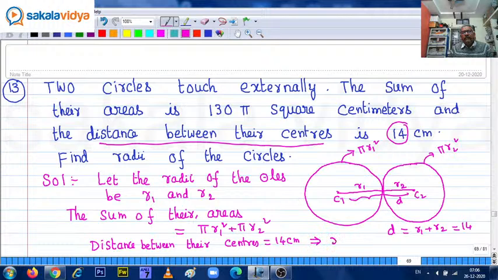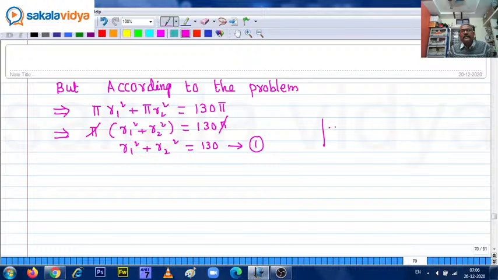That implies R1 plus R2 equals 14 centimeters. Since R1 plus R2 is equal to 14 centimeters, R2 can be written in terms of R1. R2 is equal to 14 minus R1.